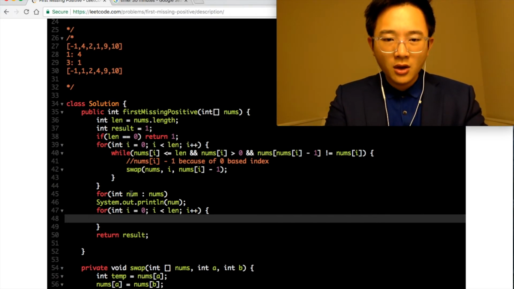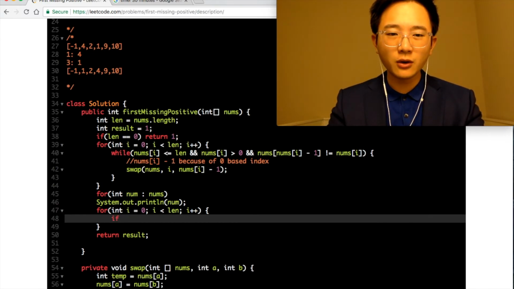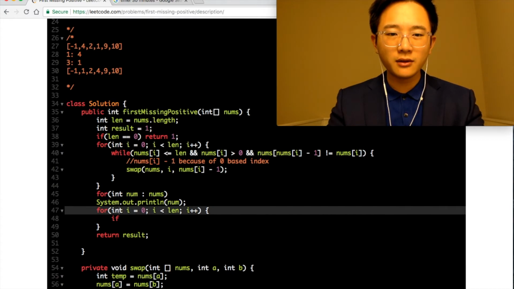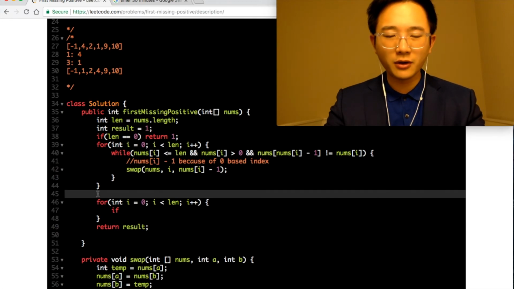Okay. So now, let me take a note here. All negative integers will be pushed to the back.